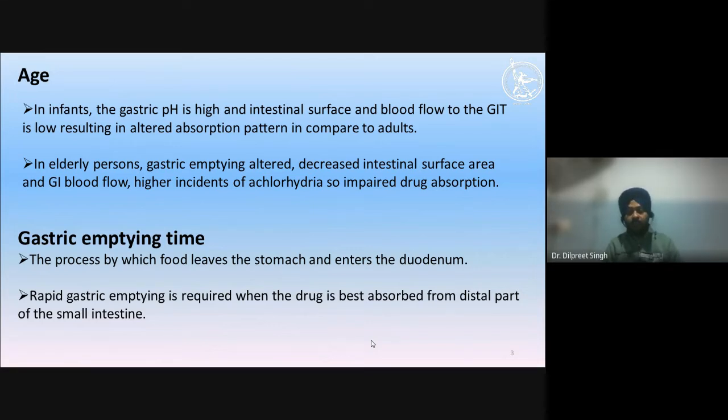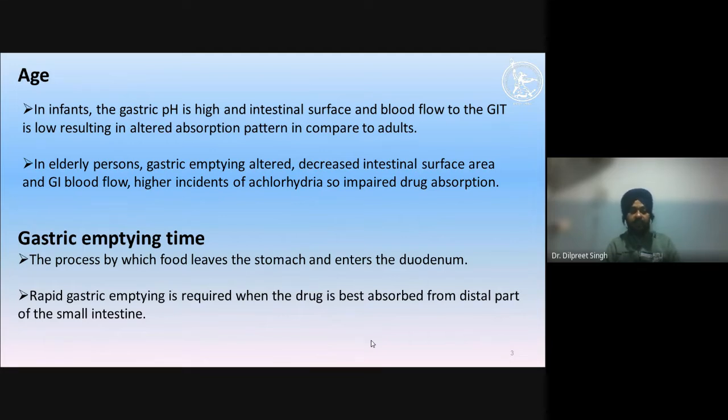It also impairs drug absorption because some drugs are pH-dependent soluble. That pH-dependent solubility is affected by gastric emptying, and the unionized content of the drug leads to greater excretion and less chance of the drug going into the blood. Hence there is impaired drug absorption as compared to adults.